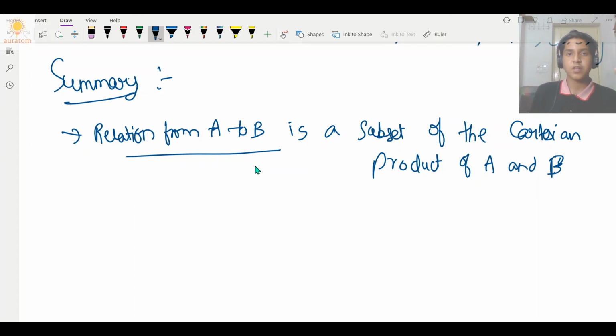So we have a particular condition and we have to pick all the ordered pairs which satisfy the condition, right?